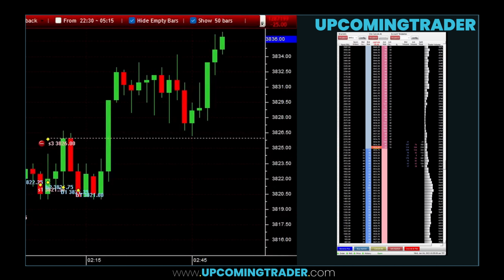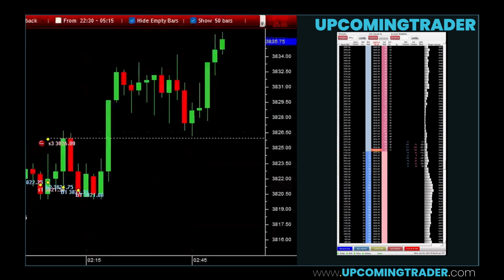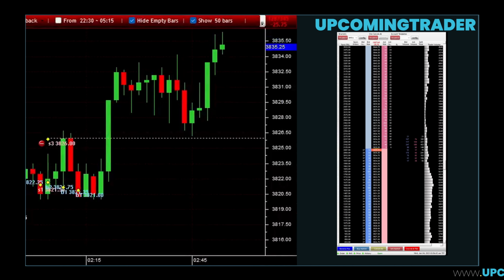Another useful indicator is the relative strength index. This indicator measures the speed and change of price movements and tells you if a stock is overbought or oversold. The relative strength index ranges from 0 to 100, with readings above 70 indicating overbought conditions and readings below 30 indicating oversold conditions.